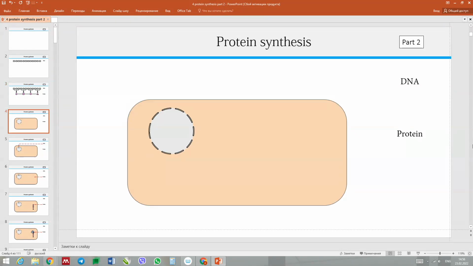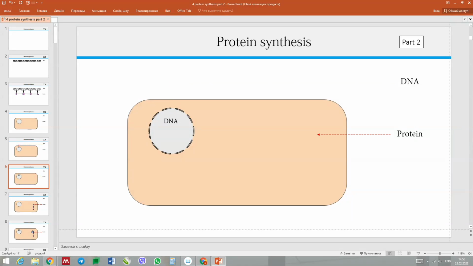So here you see a cell with nucleus, so DNA that contains information about the order of amino acids in the protein. So this information is encoded inside of the DNA, and this DNA is located in the nucleus. So it is safely stored in the nucleus.